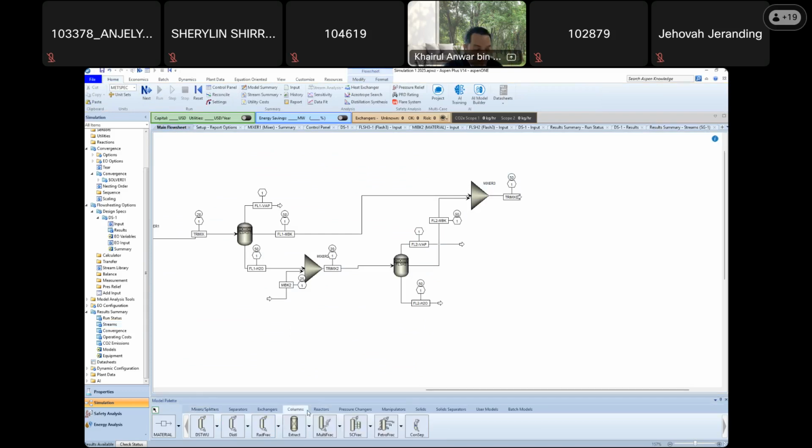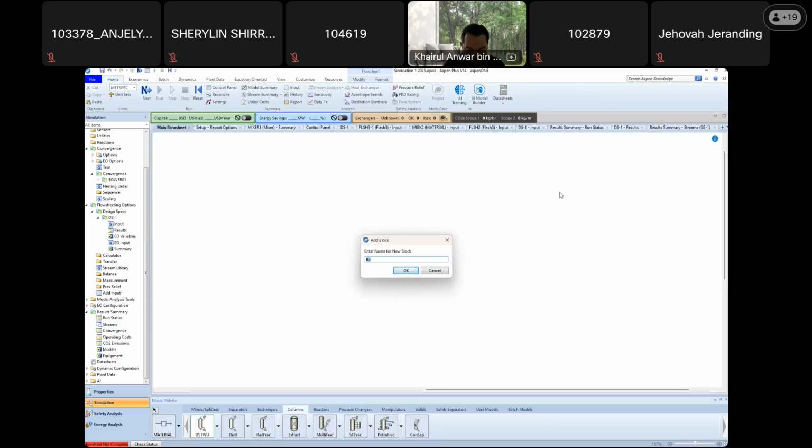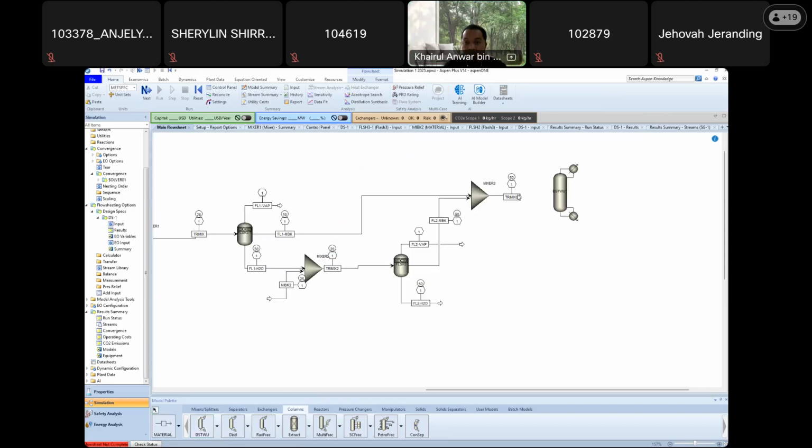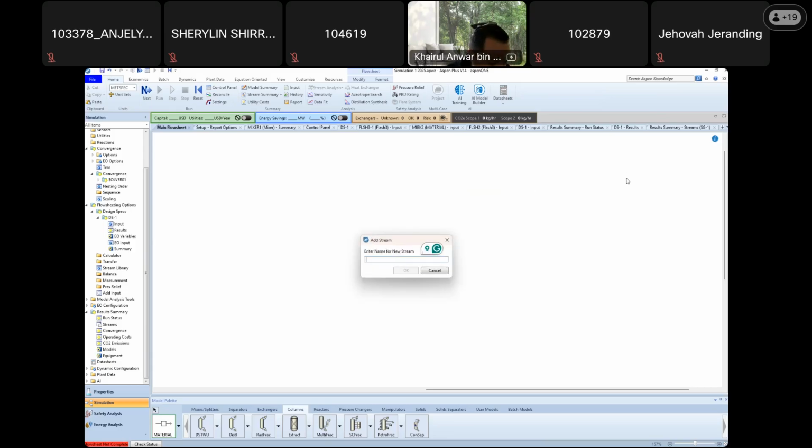introduce column DSTW. New DSTW 1. We connect this. DSTW top.